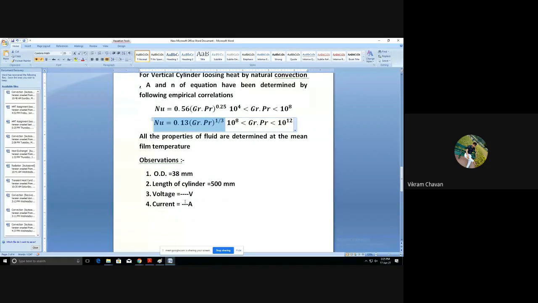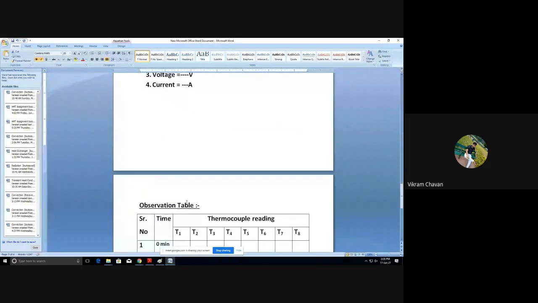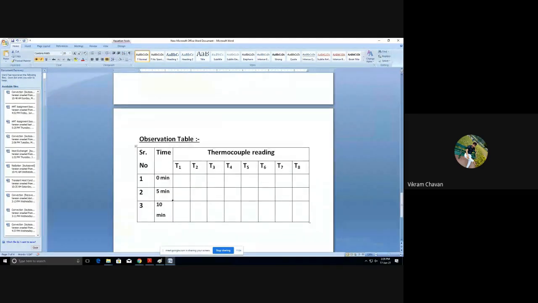Then we have to take the observations for voltage and current, by adjusting the appropriate electric supply to the heater. And then finally, the observation table. In the observation table, the first seven readings are the surface temperatures of the hollow cylinder, and the last temperature, T8, is the ambient air temperature.